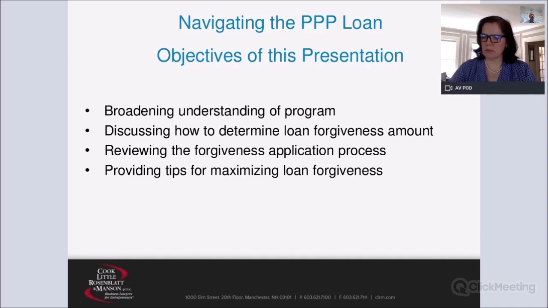We're also going to be talking about how to determine the loan forgiveness amount, specifically what parameters there are, what goes into that, what doesn't go into that, and how you can try to calculate as best you can what portion of whatever PPP loan proceeds you received is subject to being forgiven. One important point there that I know Helen will talk about in more detail is the distinction between permitted uses of the PPP loan proceeds versus what's forgivable.